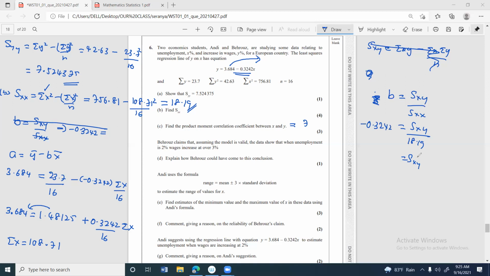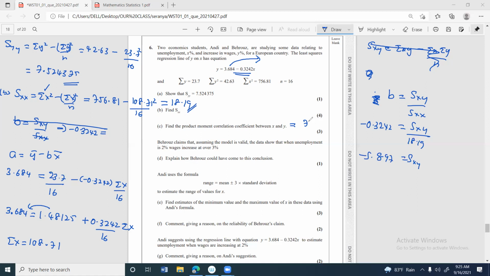From here, you can get the value for Sxy, which is 18.19 into minus 0.3242. That is minus 5.897. That is Sxy.